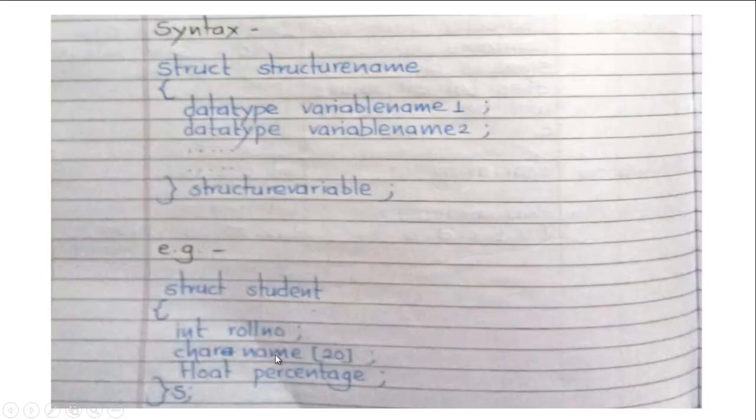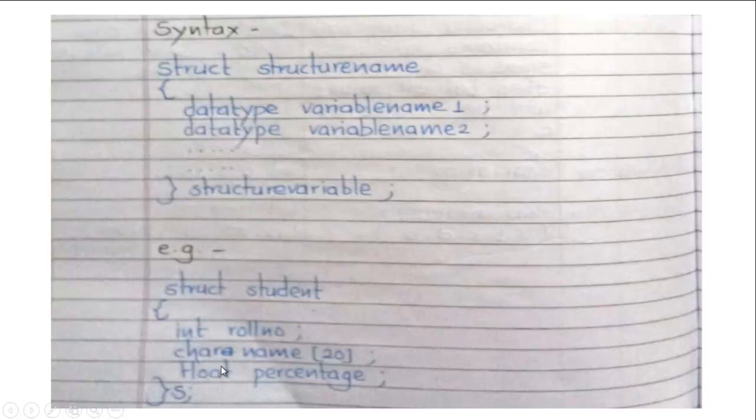Then the name of a student contains some characters, letters, so you have to declare it by char data type, char name square bracket 20. This is the size of the name. You can read maximum 20 characters in the field of name, so you must declare the size of that character variable. Then percentage, it may be a decimal, so you should declare it by float. So this structure student has different data types: integer, character, float.